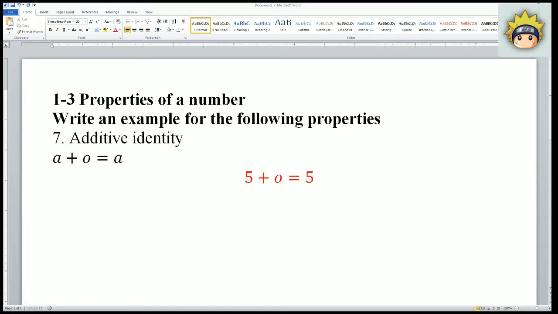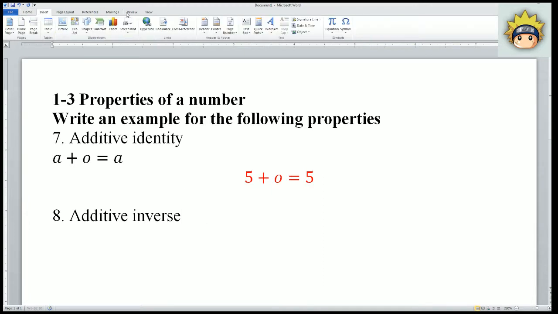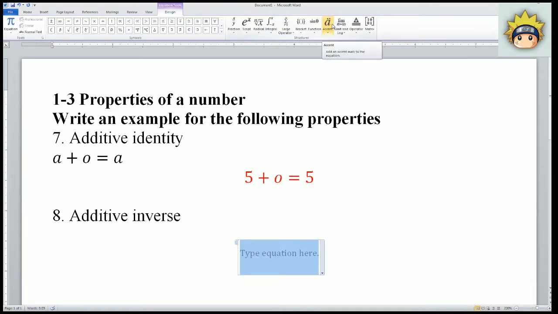Good? Okay. Number 8, I think this is called the additive inverse. The additive inverse, by definition, is when A plus negative A is equal to 0, right? When we do the inverse, we create the identity element. The identity element for addition is 0. So we want to add in a way that we make 0.